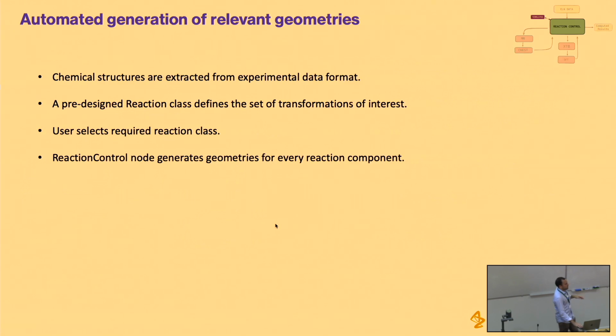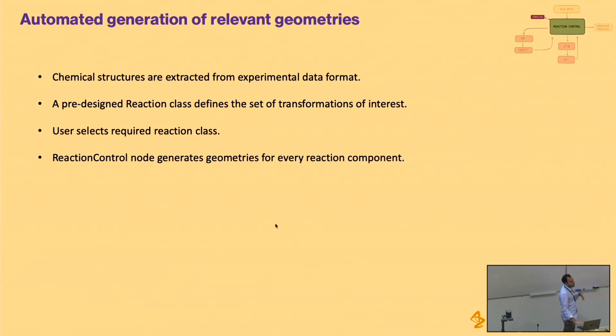If you look quickly at how these 3 subunits work, the first one is the automated generation of the geometries. As I mentioned before, the data comes from the lab, but it's literally just a CSV file, a series of SMILES strings for every component of the reaction, and the node just reads these SMILES strings and creates the 3D structures.